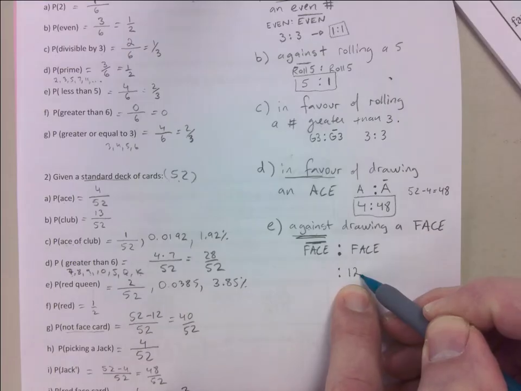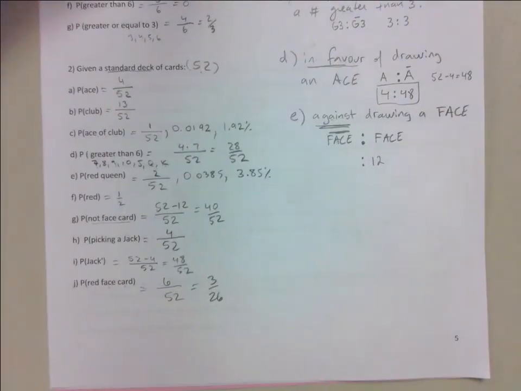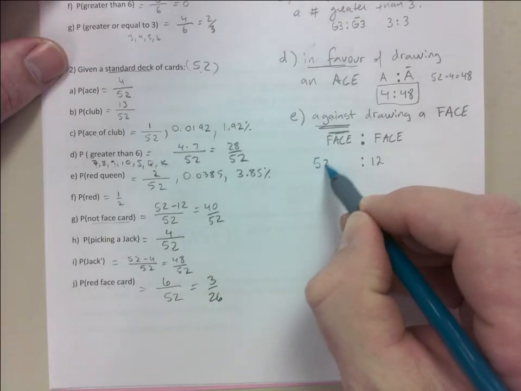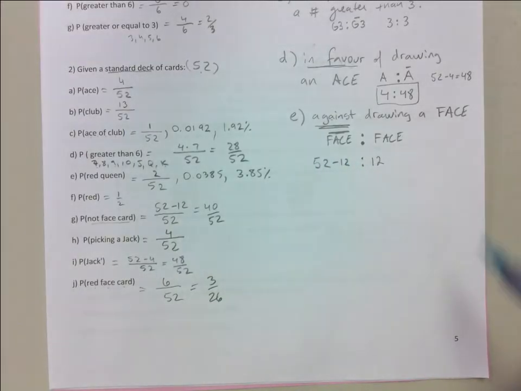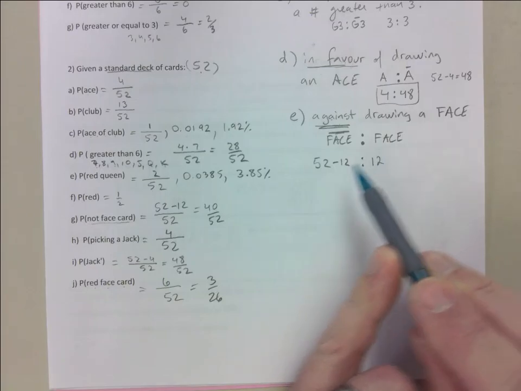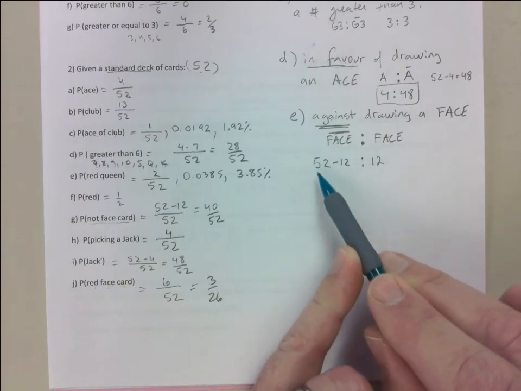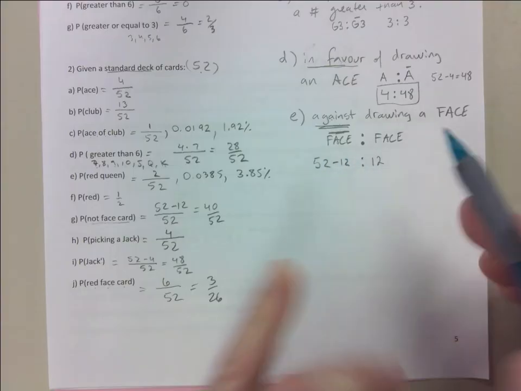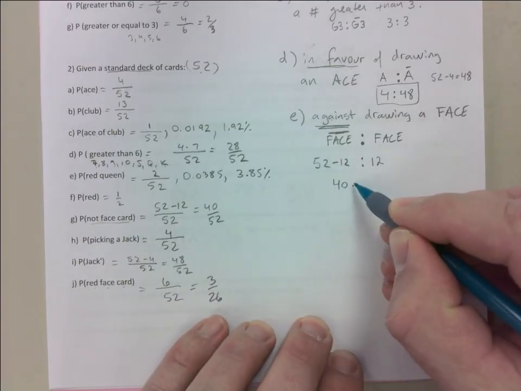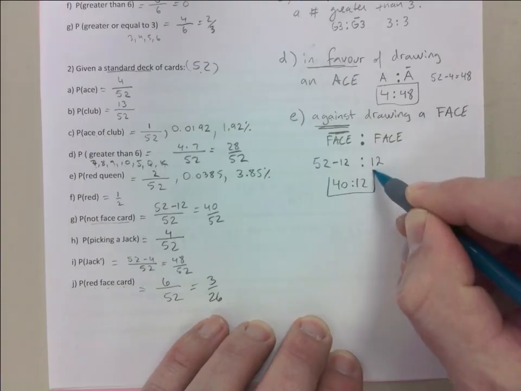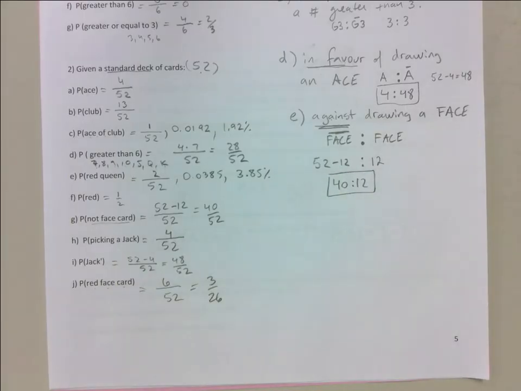And here I'm going to start showing my work as follows. I have 12 faces, and here, this is going to give me the non-face cards. So that's 40 to 12, okay? There you go. All right. I'm going to stop there.